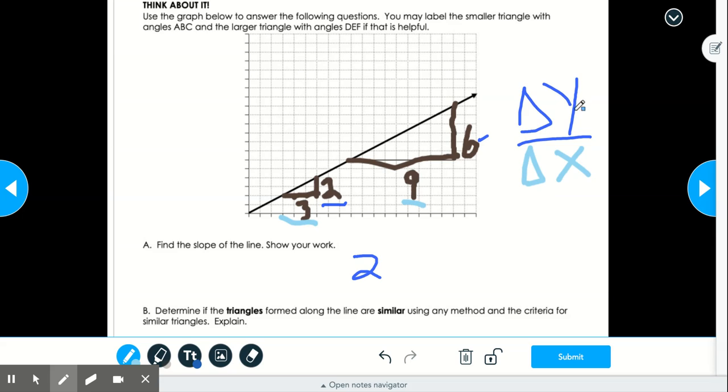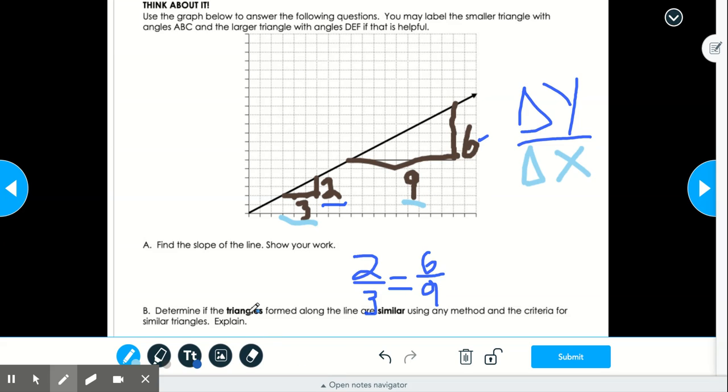But remember, delta y goes over delta x, 2 goes over 3. So my first fraction pair is going to be 2/3. And I'm trying to figure out, is this equivalent to 6/9? So again, right now, finding the slope of this line, I'm counting out.